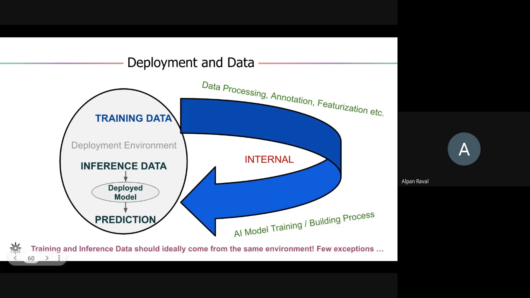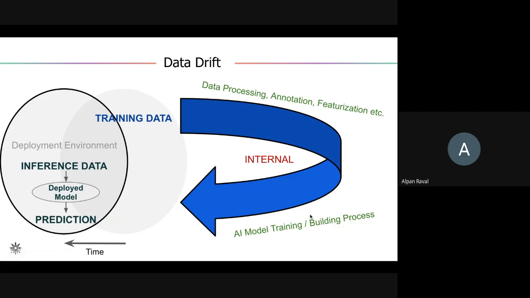Then I spoke about data drift earlier. One very common example of data drift, meaning change in environment, happens just as a consequence of time.